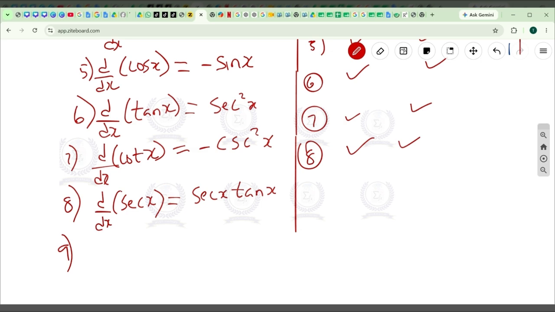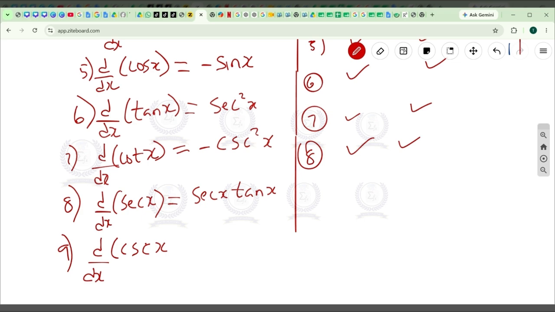So the 9th one we want to look at, if you want to differentiate, let's say cosecant x, which is abbreviated as CSC. CSC is just simply saying cosecant.